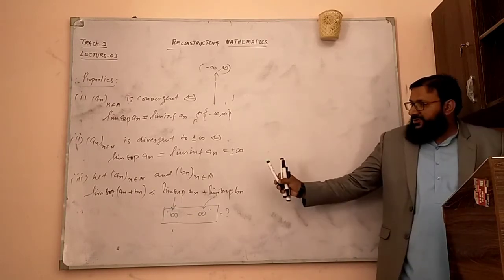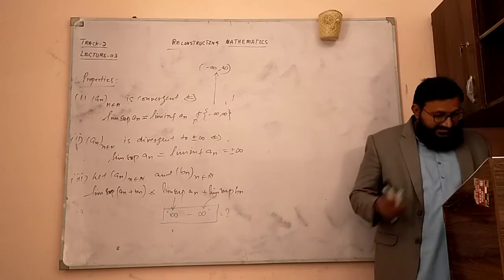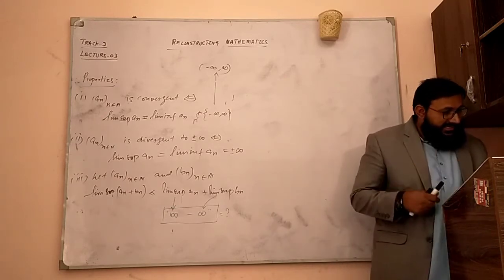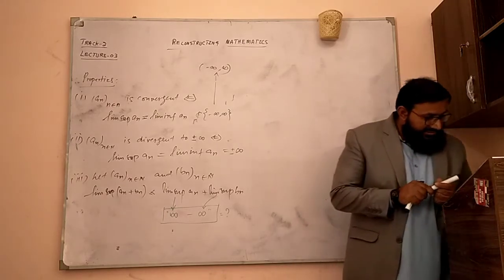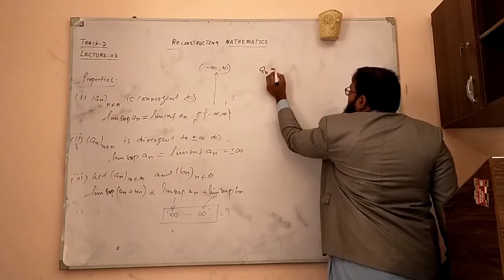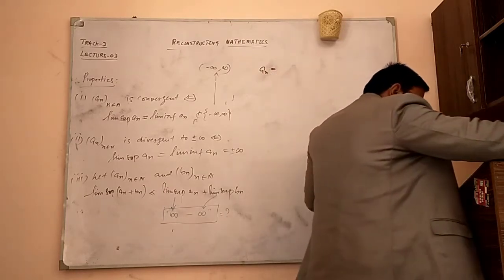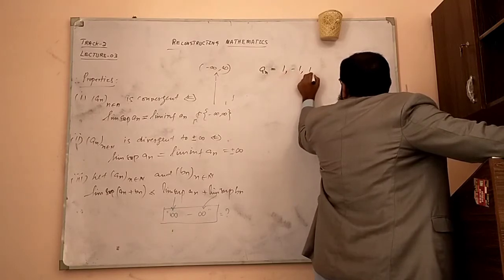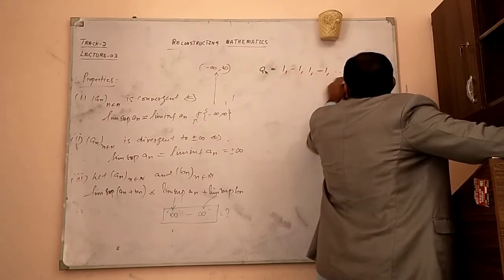We'll be doing examples later, but I think we should do one example right now. Otherwise, we'll erase these things and we don't have any fixed idea what to do. I have a sequence an, let me write the terms: 1, minus 1, 1, minus 1, and so on.